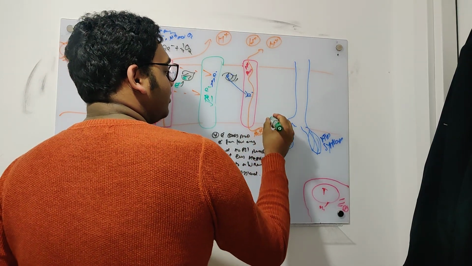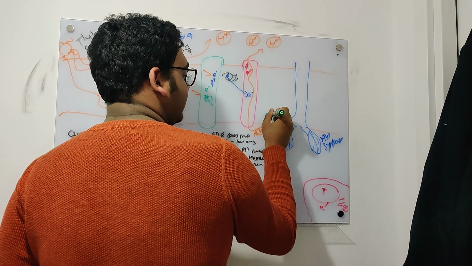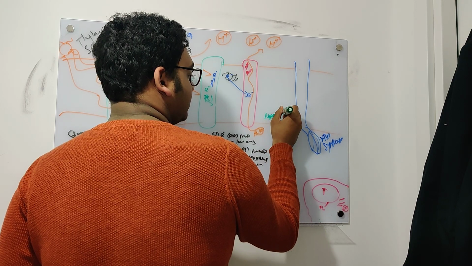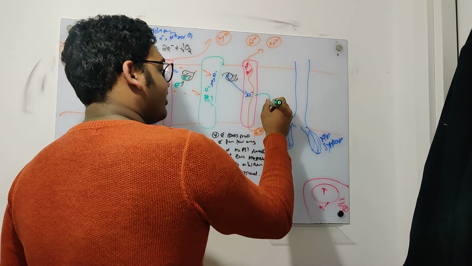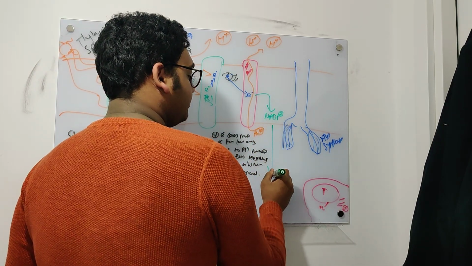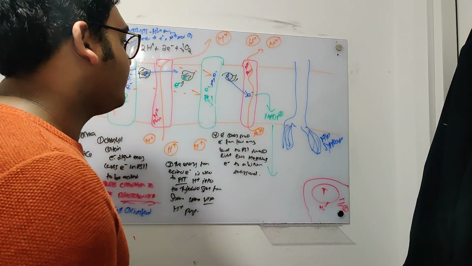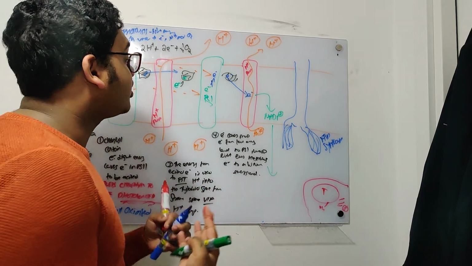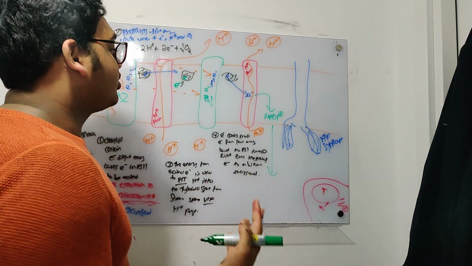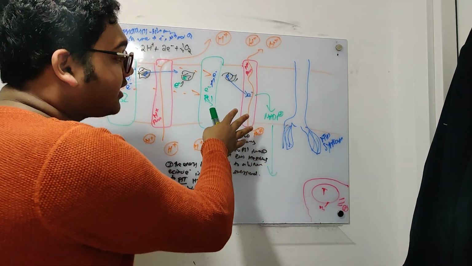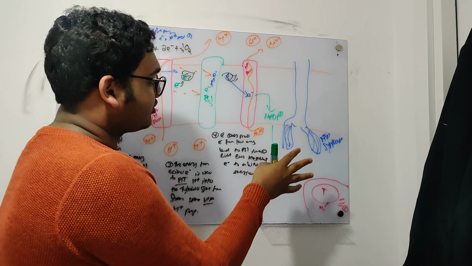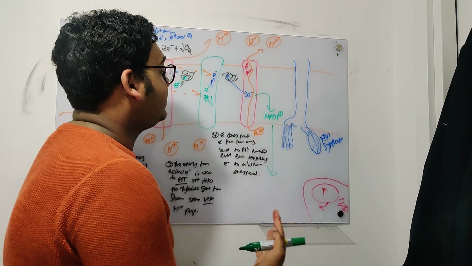So that electron is going to reach NADP+. Now, after it gains that electron, it becomes reduced NADP. Remember, OIL RIG: oxidation is loss, reduction is gain. And electron carriers can gain or lose electrons. In this case, we're gaining the electron and forming NADPH.